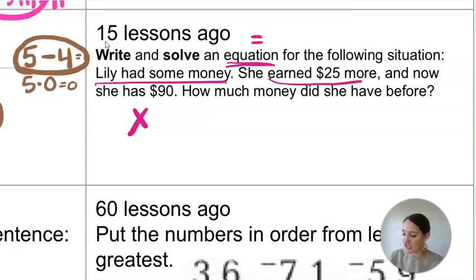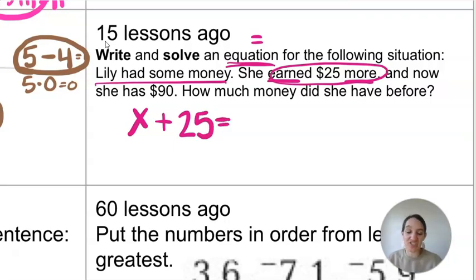Then she earned 25 more. Both earned and more let me know that she added $25 to what she already had. And now, so that equals, now it is $90. So we just wrote the equation. Now we've got to solve it.